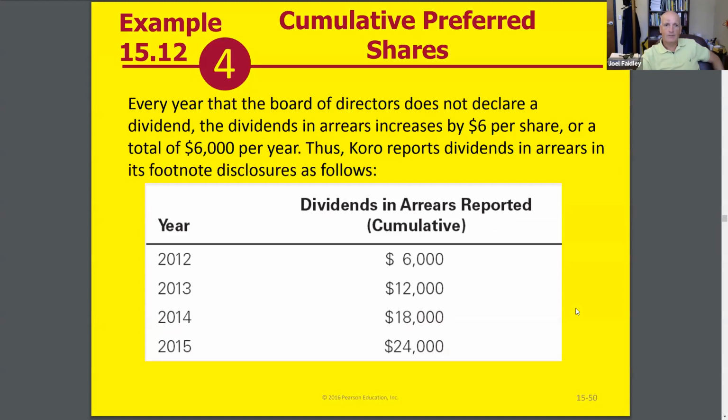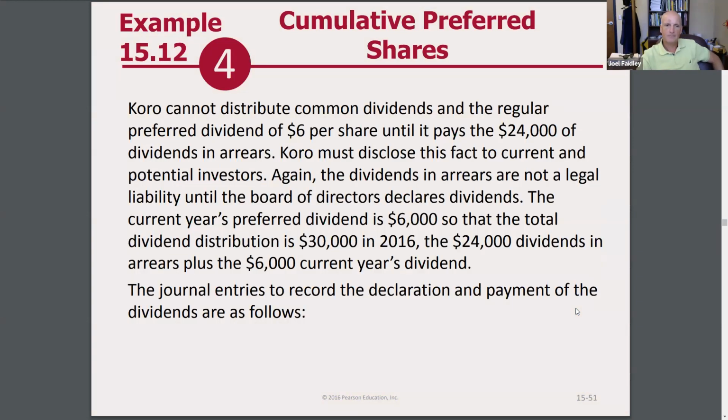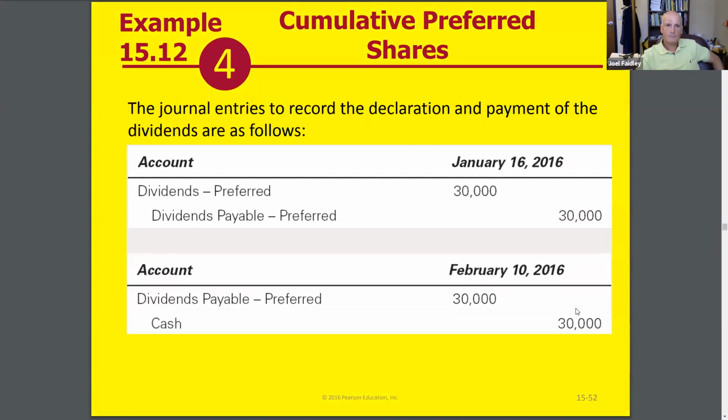So here's an example where they actually are in arrears. They weren't able to pay that, but since this preferred stock is stated as being cumulative, when we get to 2016, they owe $30,000 for when they are able to pay that. All right, and so dividends preferred is my debit. This is a new way of doing it.